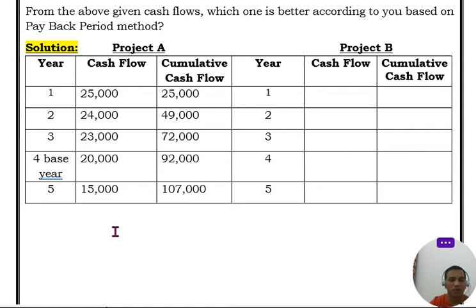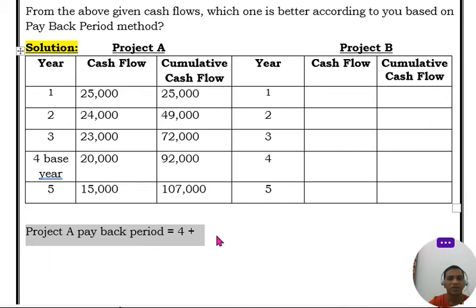So let us use the formula. Project A payback period is equal to base year, which is 4 years, plus the amount to be recovered.